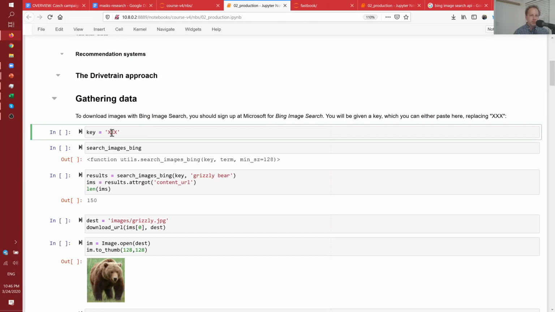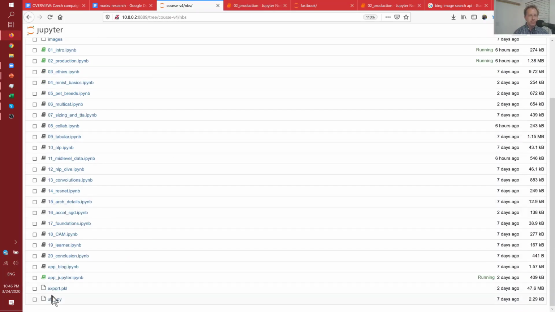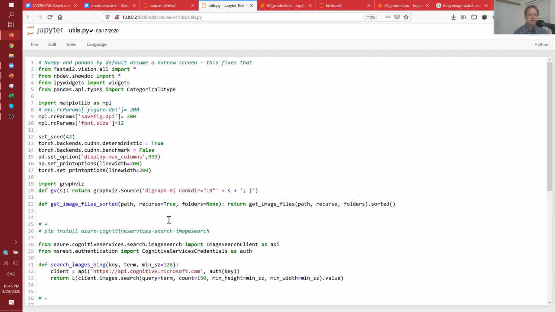So you'll put in your key, and then there's a function we've created called search_images_bing, which is just a super tiny little function. As you can see, it's just 2 lines of code. I was just trying to save a little bit of time, which will take your API key and some search term and return a list of URLs that match that search term.